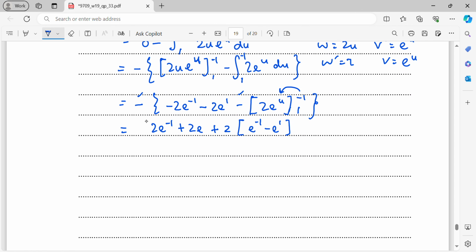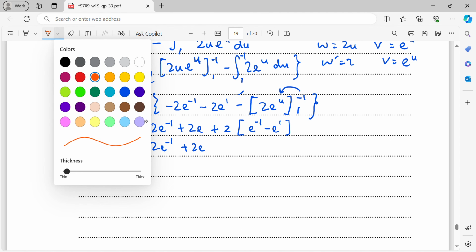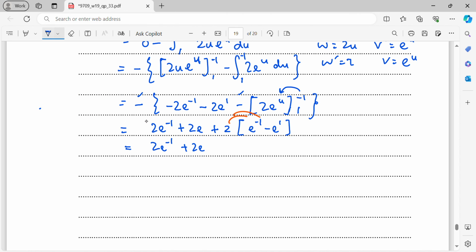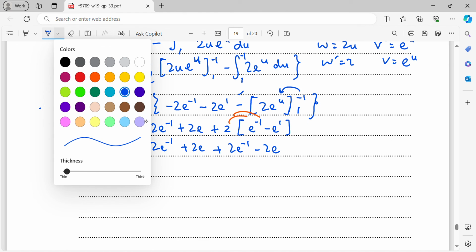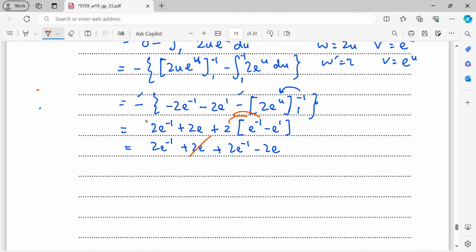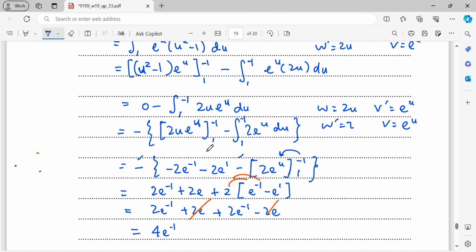Then when I open the brackets, I will get 2e^(-1) plus 2e, and then this 2 multiplied to the bracket will be plus 2e^(-1), and then minus 2e. Then you know that the 2e and minus 2e cancel off. At last, I will be getting 4e^(-1). So this is the exact value.